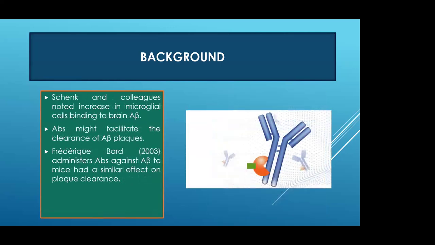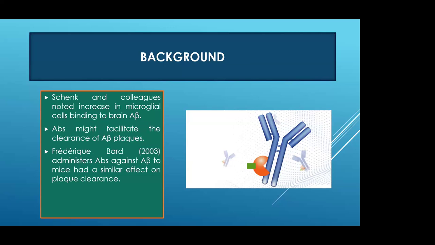Later, Schenk and colleagues noted that the reduction in plaques, as well as being associated with anti-amyloid beta antibodies in the blood, was correlated with an increase in microglial cells, which were capable of binding to the amyloid in the brain specifically. This suggested that antibodies might facilitate the clearance of the plaques by binding to the microglial cells and therefore triggering the uptake of amyloid beta.